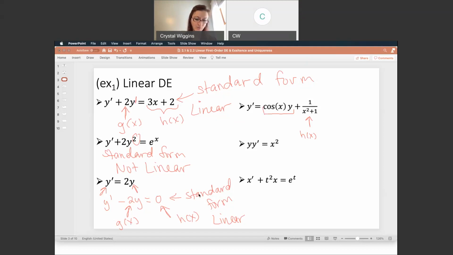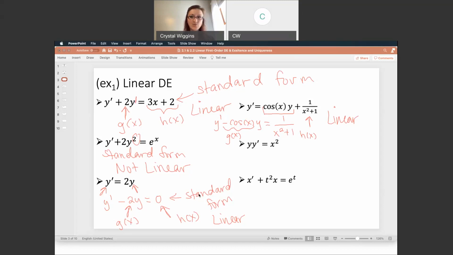So we'll get y prime minus cosine of x times y is equal to 1 over x squared plus 1, where this cosine of x is our g of x function. And again, we can see that the y is raised to the first power, making this a linear first order differential equation.